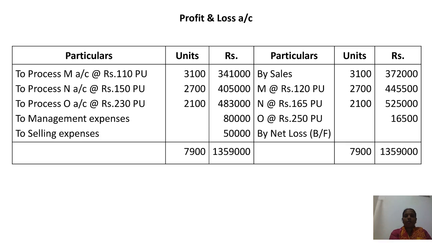For M, that is 3,72,000. For N, 4,45,500. For O, 2,100 units at rupees 5,25,000. So the company incurs a net loss to the extent of 16,500.